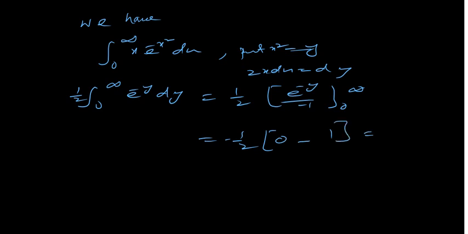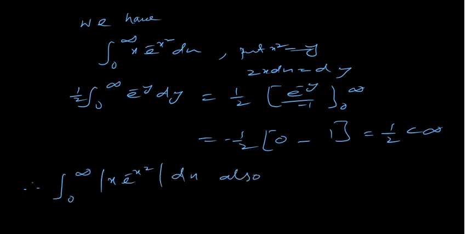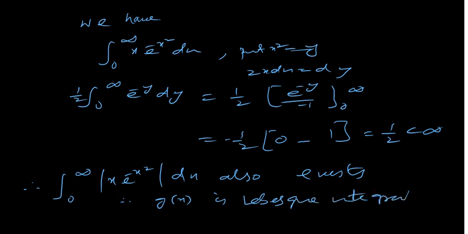So it's equal to 1 by 2, which is finite. So this improper integral exists. Therefore the improper integral of the modulus of x e power minus x square also exists, because the function is non-negative. So the function g of x is Lebesgue integrable over 0 to infinity.